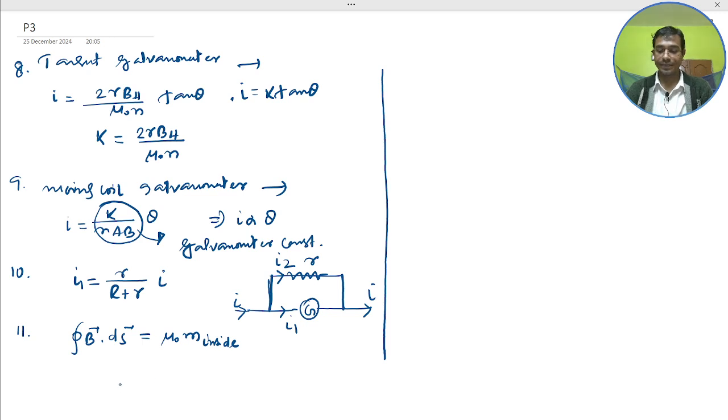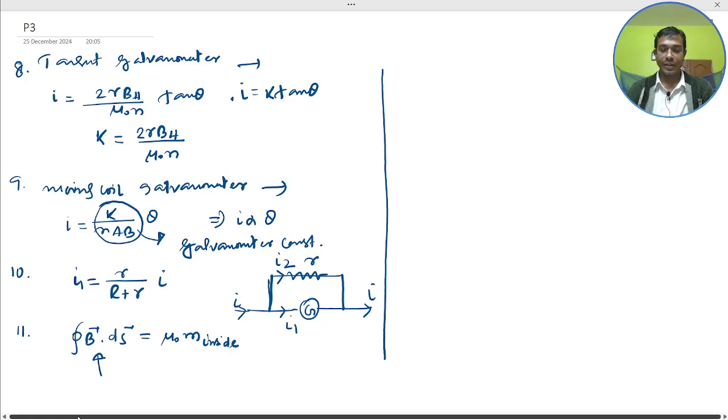This term B dot ds is called the magnetic flux, and m inside is the pole strength. Next, I just compare one thing for your better understanding of electrostatics and magnetostatics in the last one.